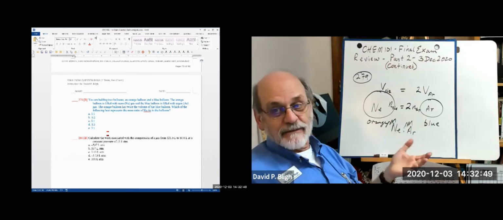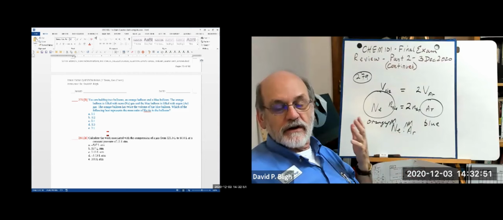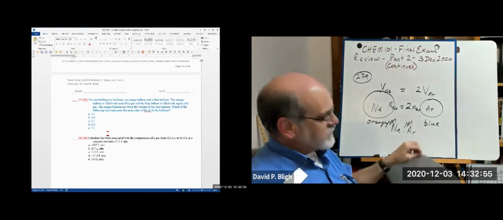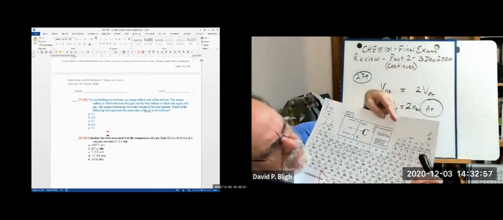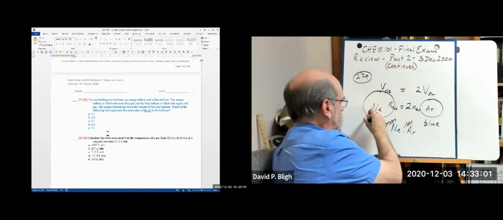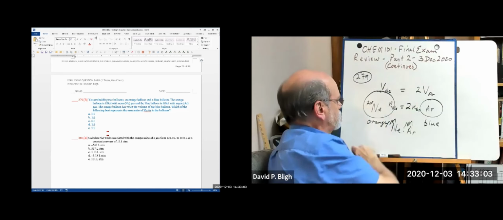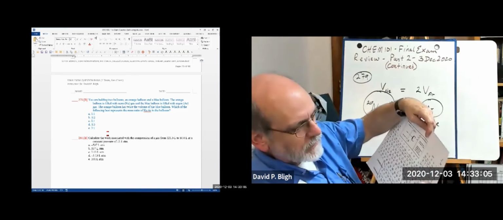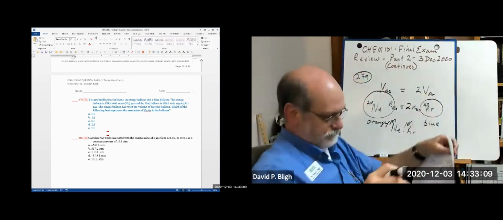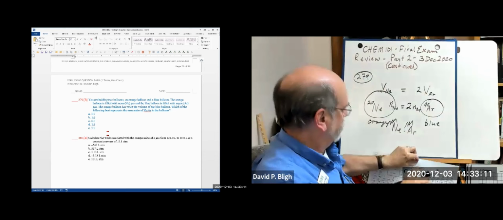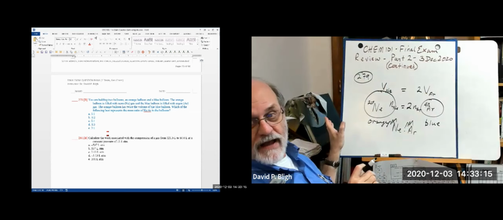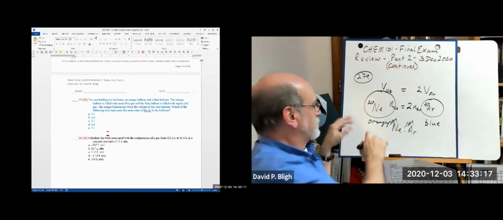So how do we relate the masses? You need to know the molar mass of each one. So the molar mass of neon is about 20, and the molar mass of argon is about 40. Okay. So what's the molar mass? The molar mass is mass per mole.